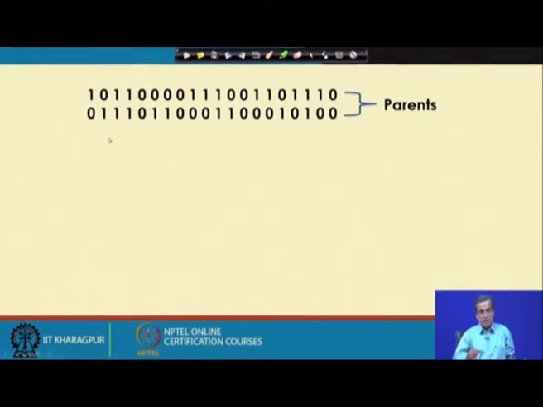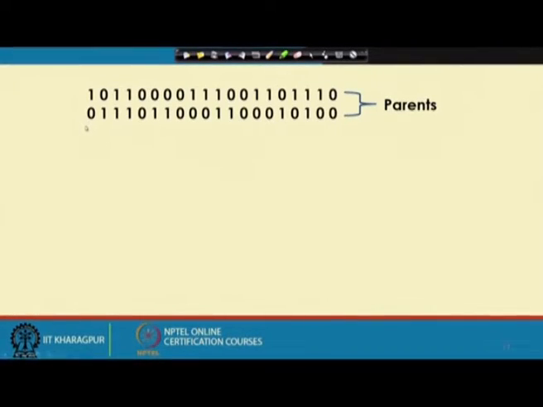Now, in a computer program, how do we implement this technique? The principle is very simple. At each of the bit positions, we take the help of a random number generator. This random number generator will generate a number lying between 0 and 1.0.